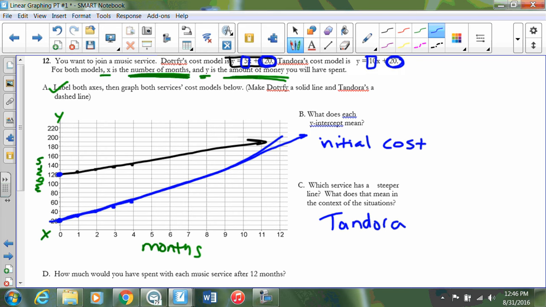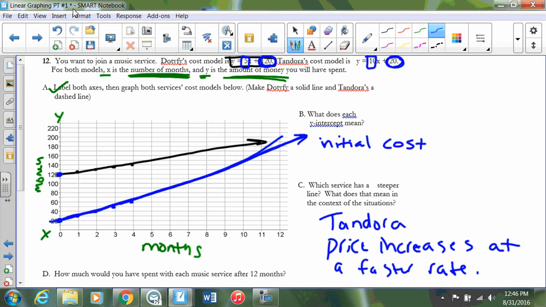You could just look at the equations. What does this mean? Basically that the price is increasing at a faster rate. So write something like that: price increases, or price goes up more quickly. Price increases at a faster rate.